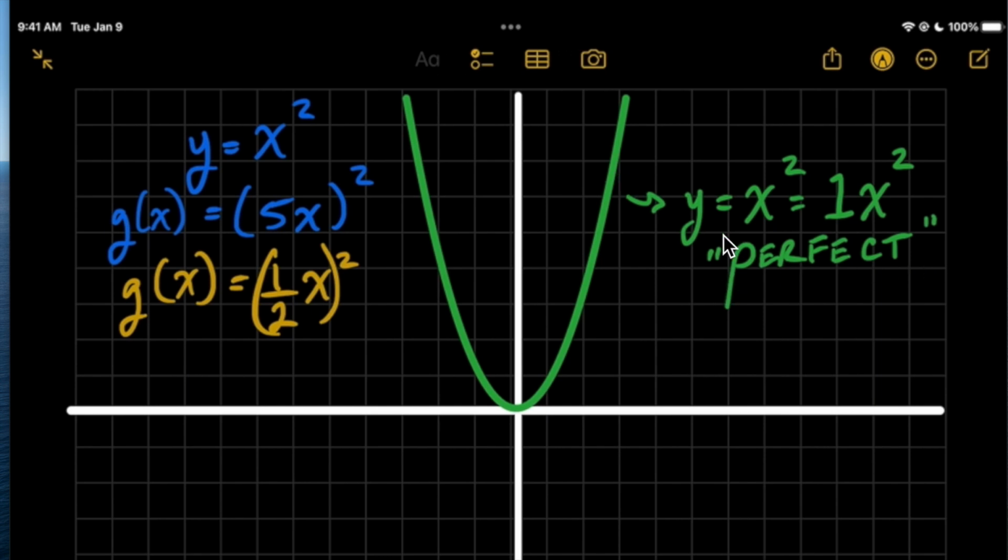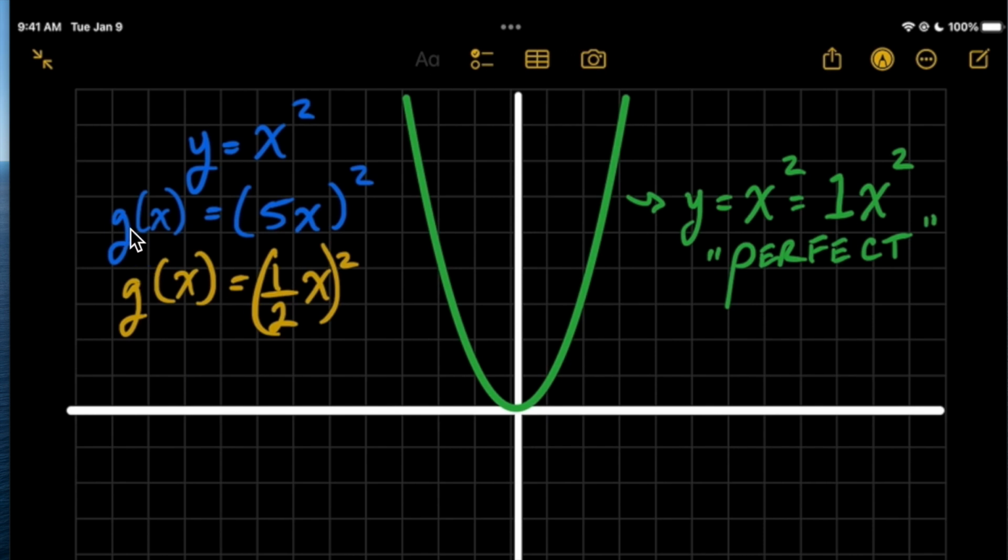And the reason is the width of the parabola is perfect. It's not too narrow, it's not too wide, it's perfect. So when you see a 1 in front of that x squared, it could either be 1 or -1. If it's -1, it's going to be upside down and a perfect width. This is a perfect parabola.